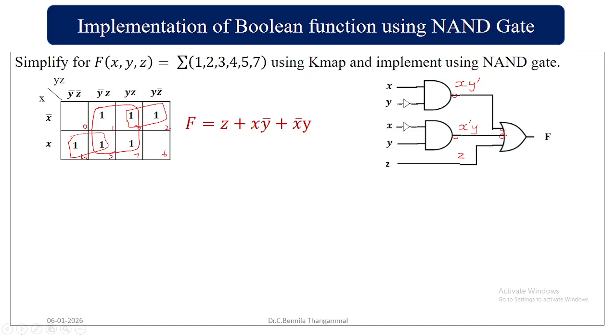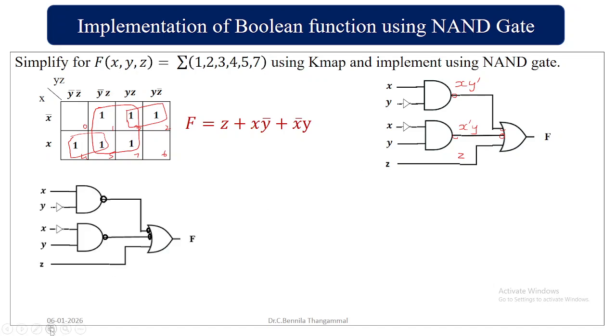Now all the AND gates are converted into NAND gates, and I have the bubble in the two parts here.